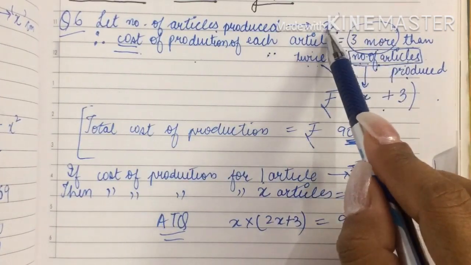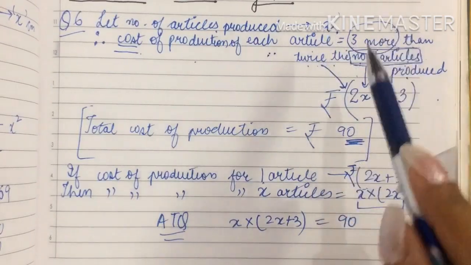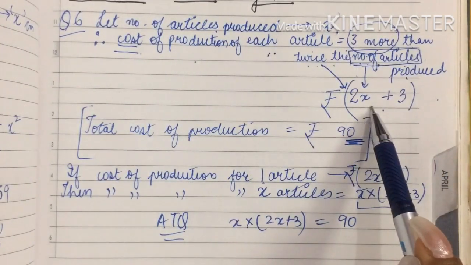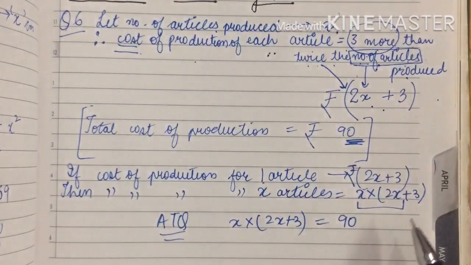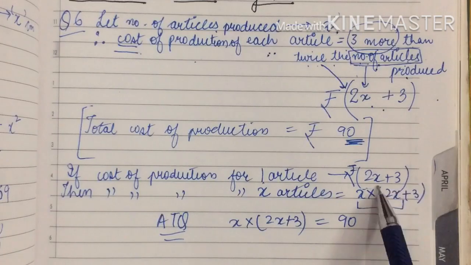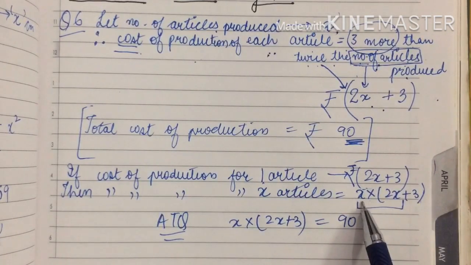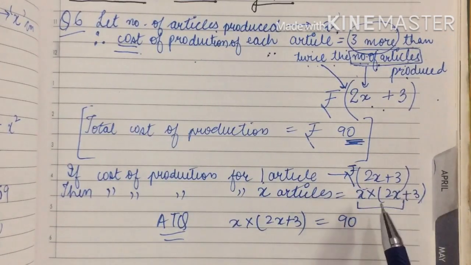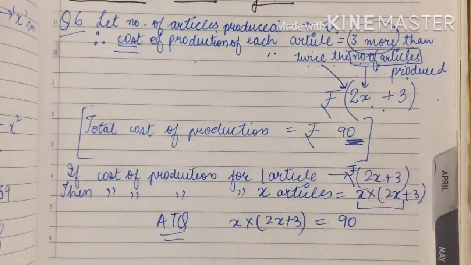I need to find out the cost of x articles. From 1 to many, we multiply. So the cost of production for x articles comes out to be the cost of 1 into the number of articles. This is the total cost of production for all the articles on that day. This cost is given to be 90 rupees. And this is how I form my quadratic equation: x into 2x plus 3 equals 90.